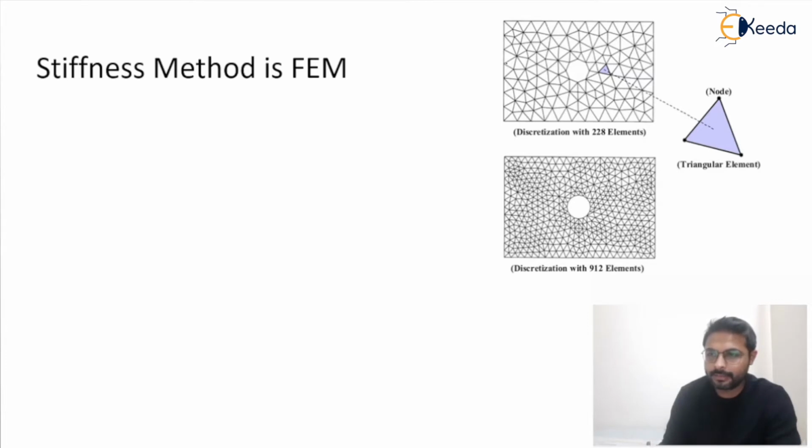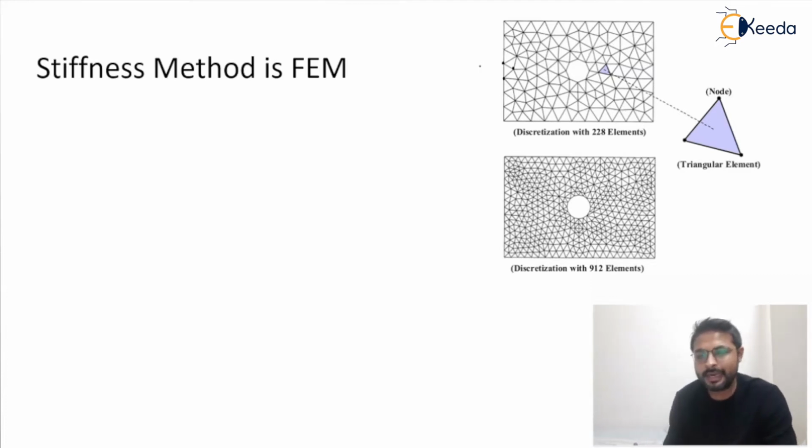Like in this problem, you can see this is the discretization of this body into different elements, and these different elements are connected by nodes or boundary or any surface.